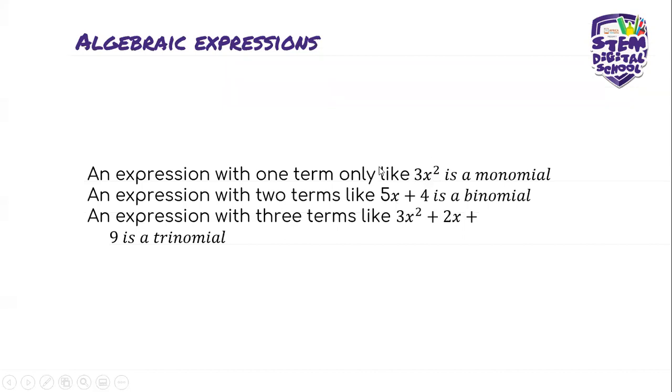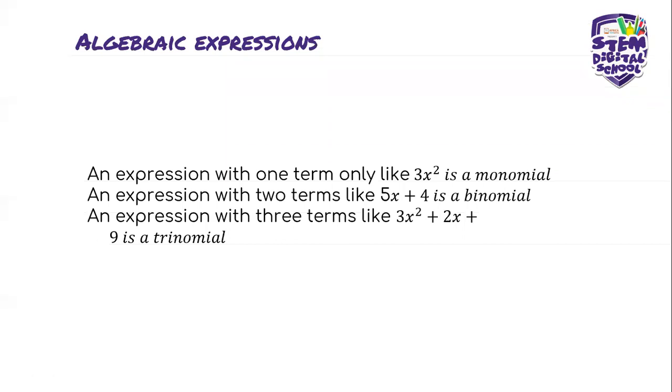I hope that the definition of the different expressions makes sense. A monomial simply means an expression with one term, whereas a binomial is an expression with only 2 terms. Trinomial, an expression with 3 terms.